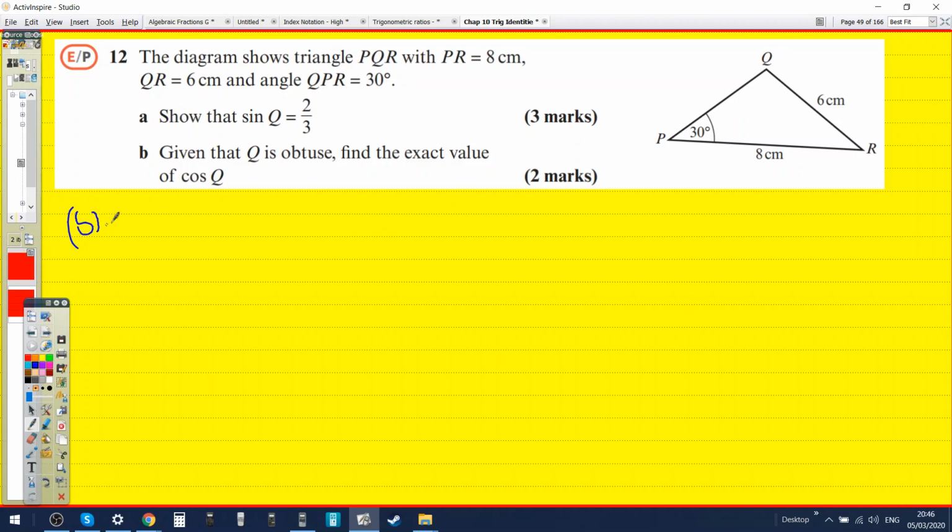So given that, you use this fact from sine Q equals 2 over 3. Q is the angle at the point Q, right? Yeah.